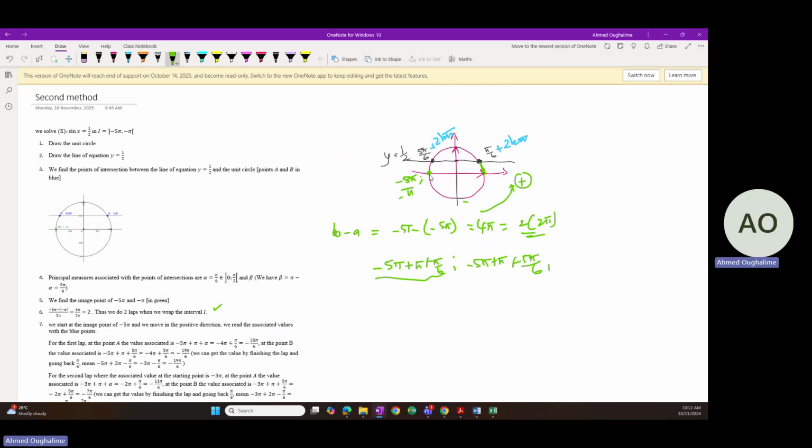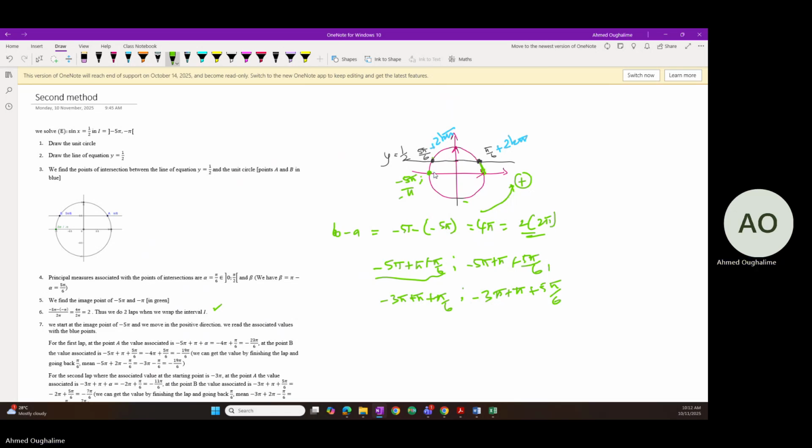Now the value here is negative 3 pi, so it's negative 3 pi plus pi over 6. And then negative 3 pi plus 5 pi over 6. Then after doing the reading here, I reach the point again. This is negative pi. Then I should stop.